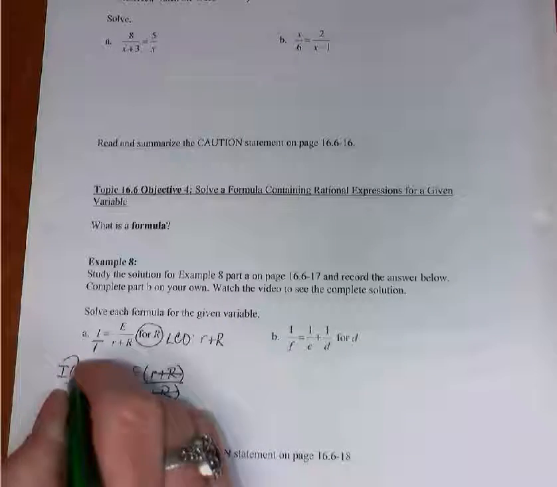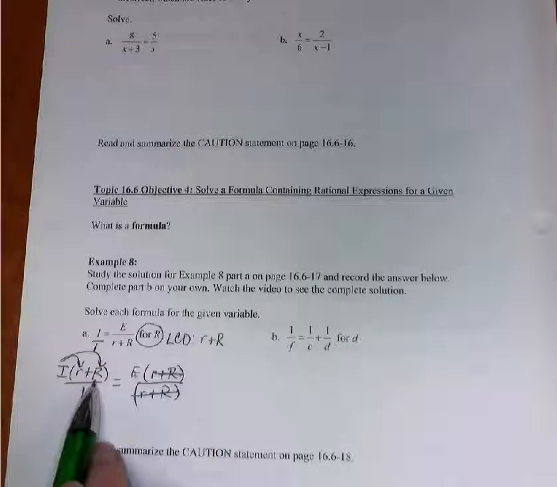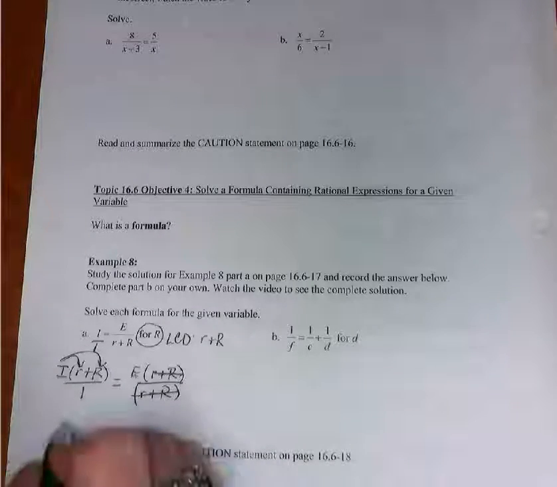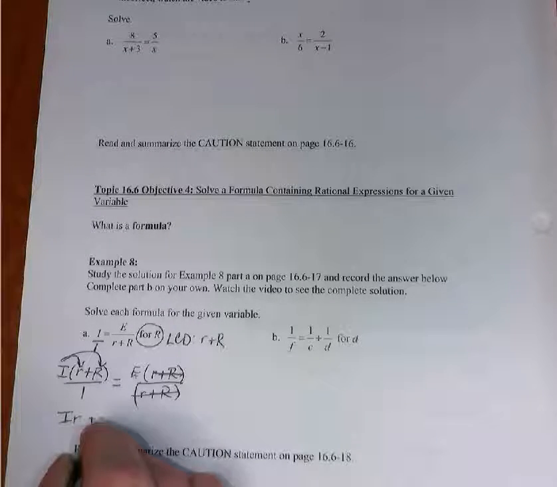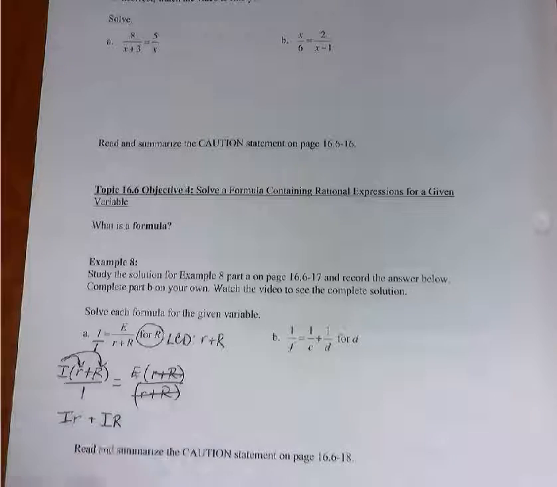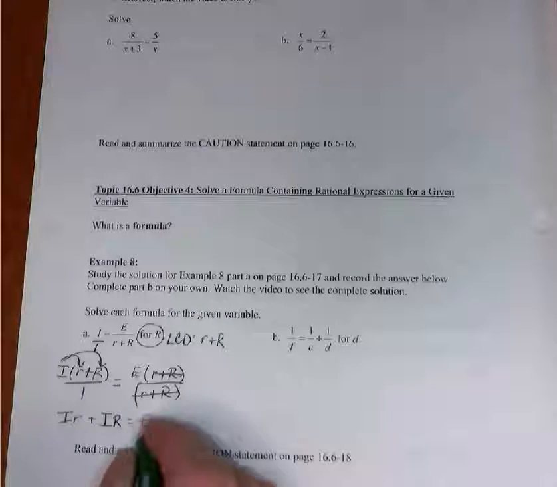So we're going to distribute this because ultimately we want to get this r by itself. So I'm going to make this Ir plus IR equals E.